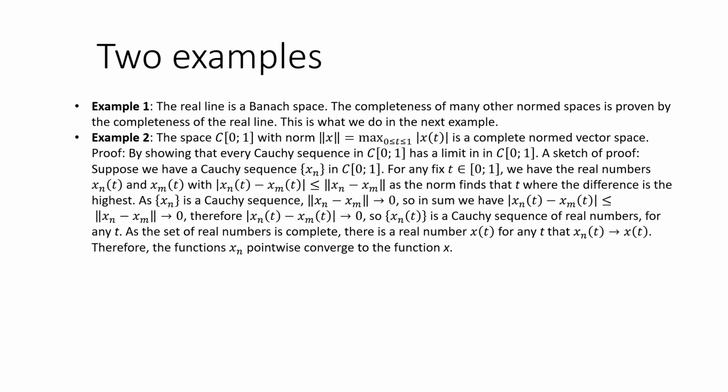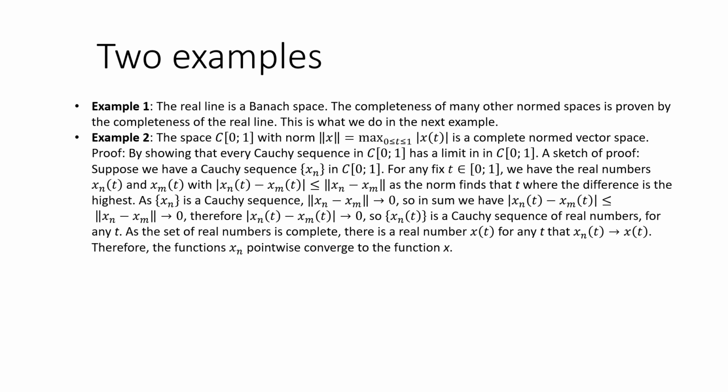Before proceeding, just to be on the safe side, let's have a look at the norm of the vector space. This is the maximum norm, so the norm of any continuous function from the space is the maximum value of this function over the interval.